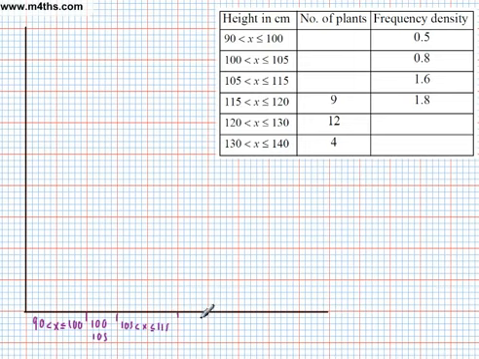The next one is only 5 big, and that's for 115 to 120, inclusive of 120, exclusive of the 115. And then we've got the 120 to 130. Again, it's a strict inequality, so it excludes the 120, does include the 130, and then finally the 130, which is not included, and the 140, which is.